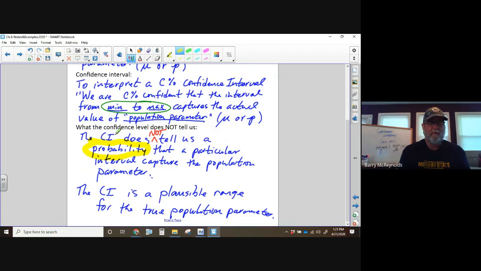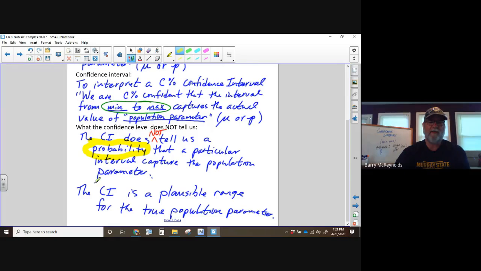A confidence interval is a range that contains the true parameter. Confidence level is a percentage or proportion of samples that would contain the true parameter. There is nothing about a probability. A lot of people want to say that there's a 95% chance that our sample is going to contain the true value, and that's really not what these things tell us.